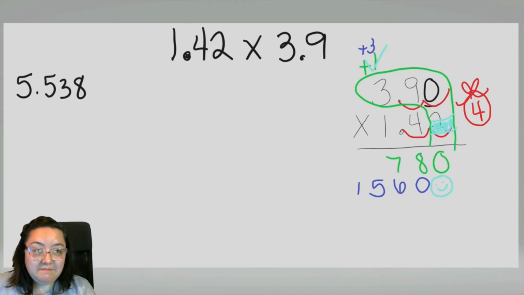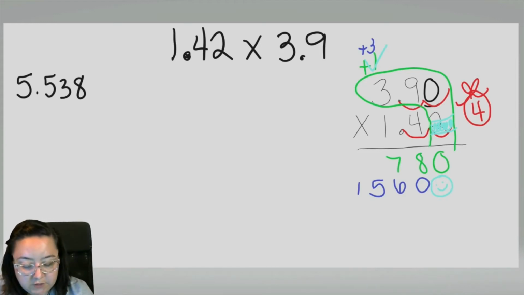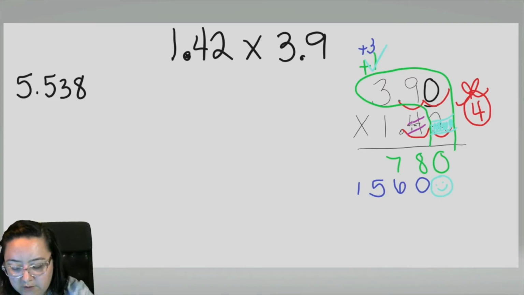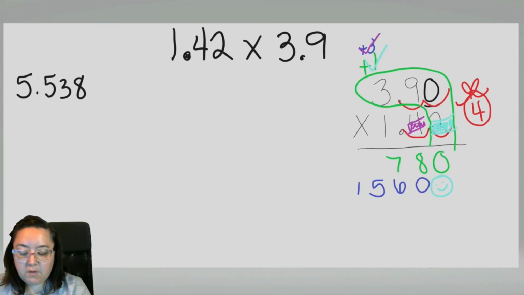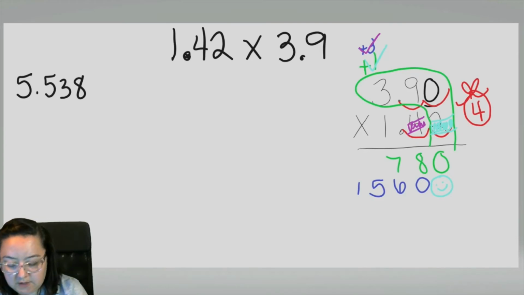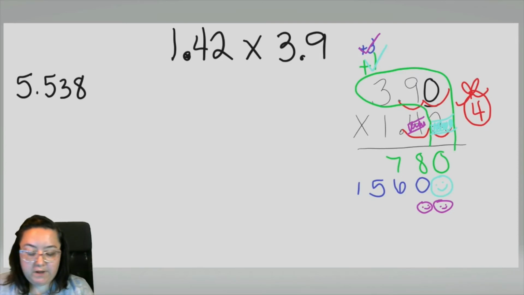So again, we're going to draw our collar, check off our number, but since we have to go over one more place, we're going to be laying 2 turtle eggs this time before we multiply by that 1.